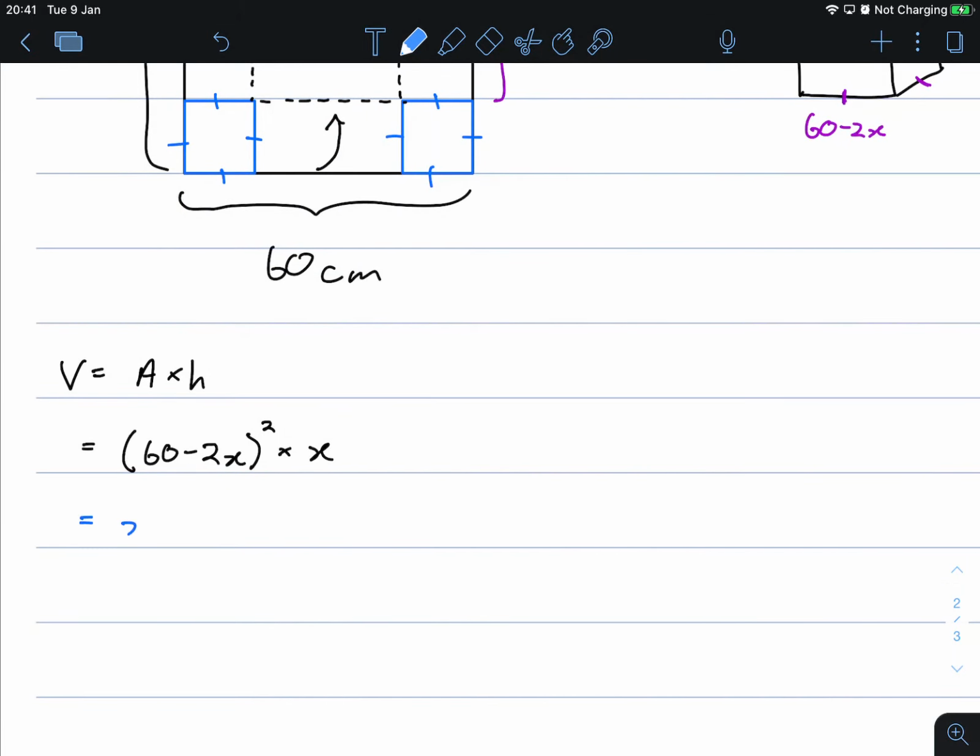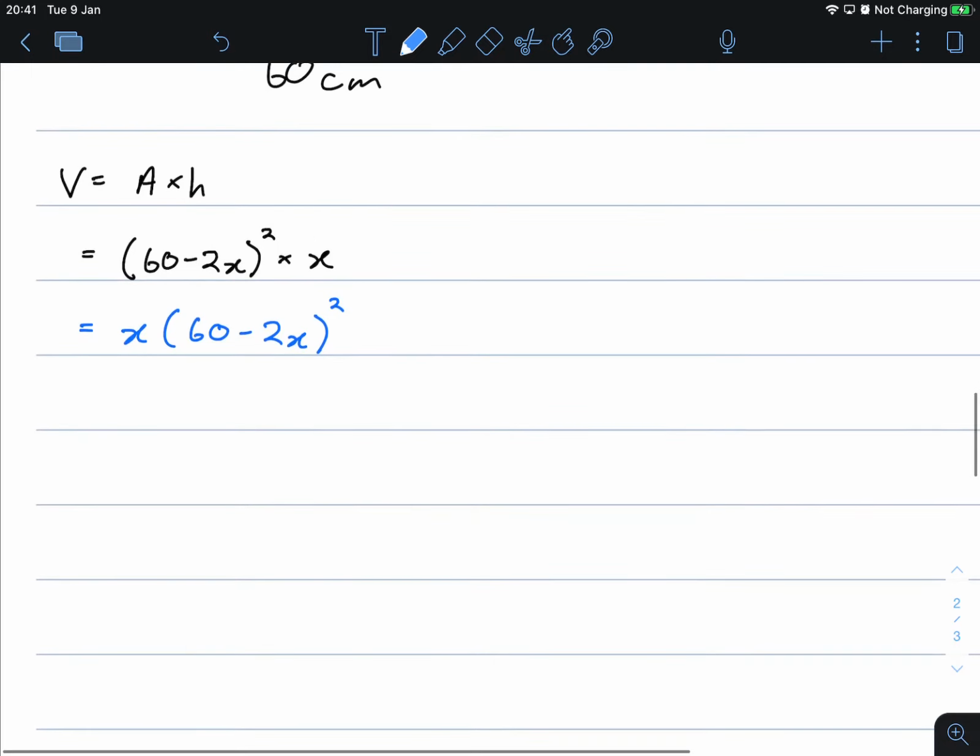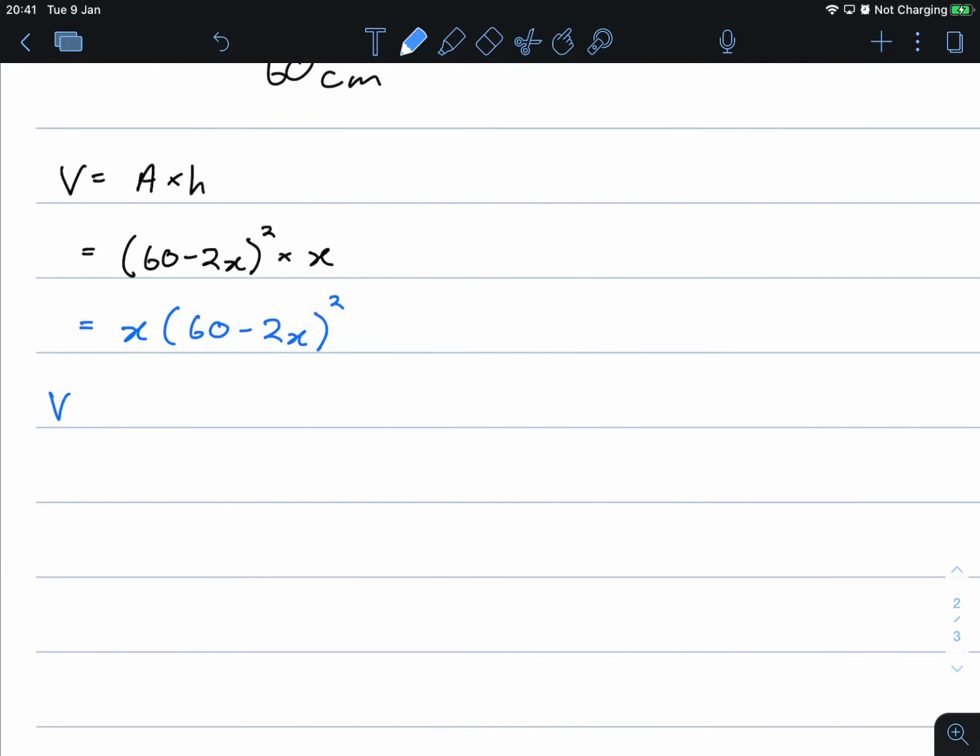Simplifying this, we get x times (60 minus 2x) all squared. From here, we're going to differentiate with respect to x.